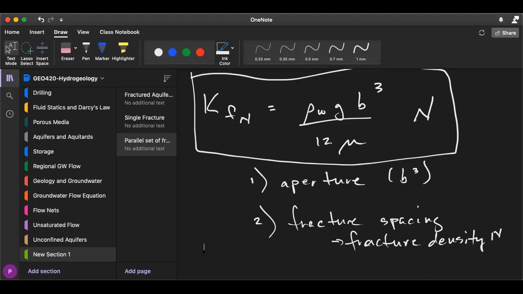And so hydraulic conductivity of a fracture network is characterized by these two things, but aperture, because it's raised to the cubic power, is far more important. So the most important thing characterizing hydraulic conductivity of a fracture network is the aperture.